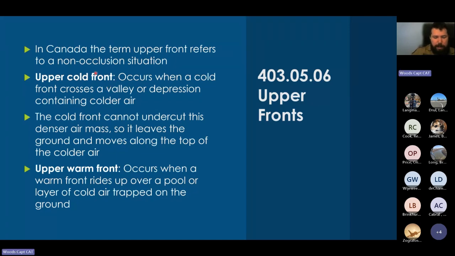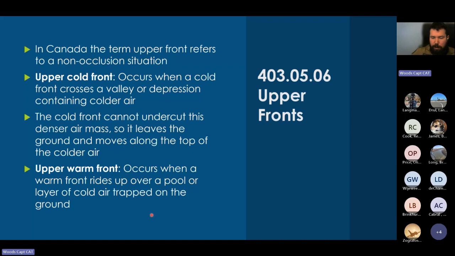we have a cold front that is passing over a valley. So there's a little valley, and in that valley, there's some trapped cold air. The cold front, because it's not quite as dense as this super cold air in the valley, is not going to push it up into the air, it's just going to pass right over it.